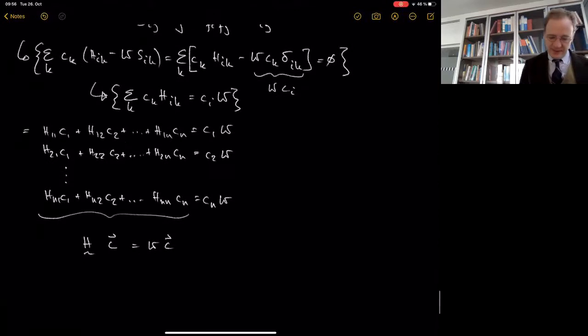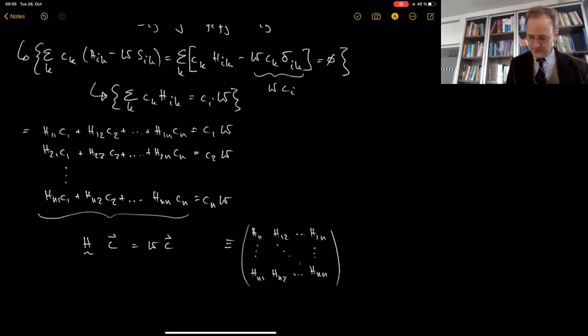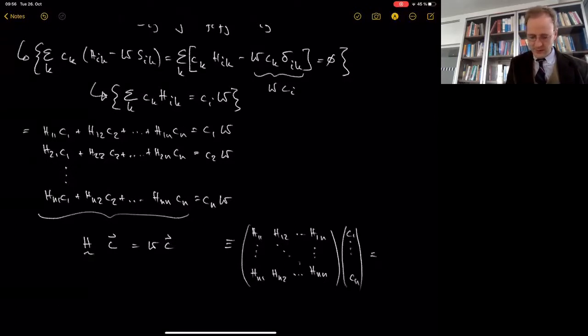So the H matrix, this is the same as saying H11, H12, up to H1n, down to Hnn, Hn1, Hn2, times C1 to Cn. You see this?